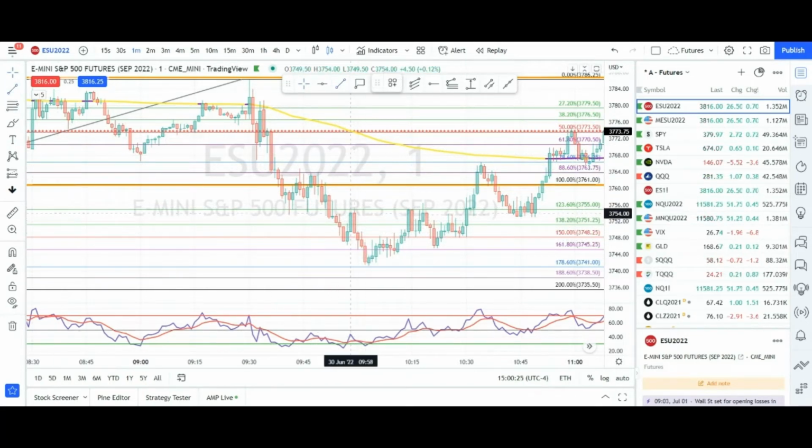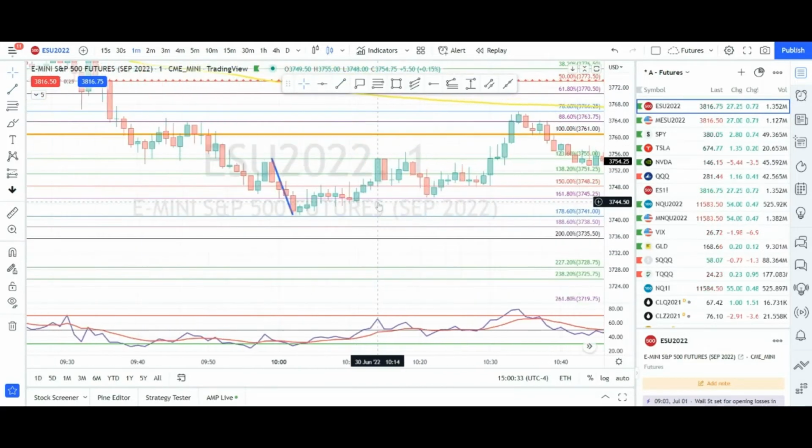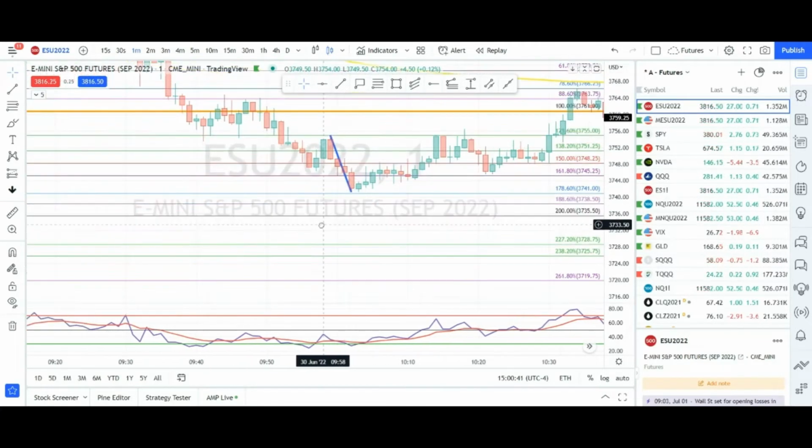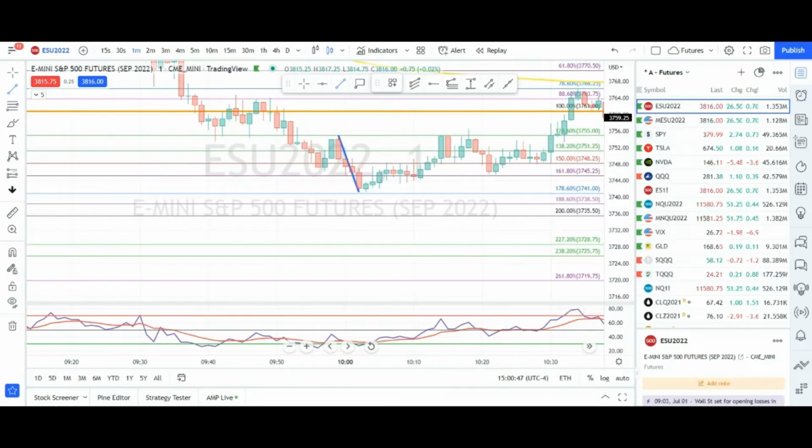So if you just see this area, the price is making a lower low, means this one was lower than this one, so this is a lower low. Okay, at this moment, what is your RSI saying?